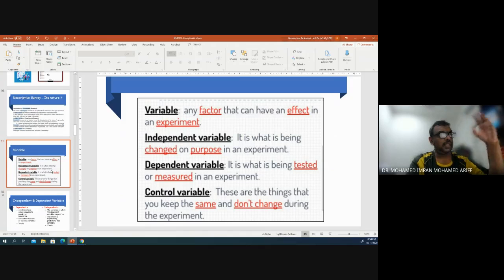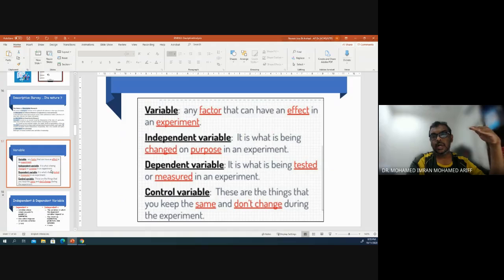Okay, and then we also have a control variable. These are the things that you keep the same and do not change during the experiment. Control variables are variables that remain the same.